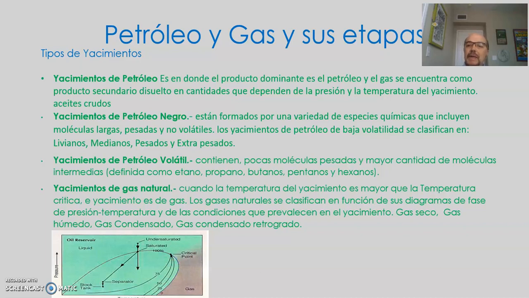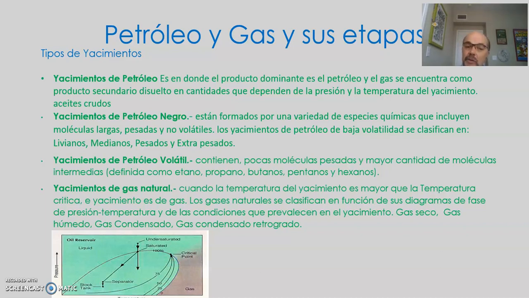The main product is oil, and we have some gas dissolved in the oil. And then we have black oil, which has chains of carbons that are kind of heavy and long, and the classification is light oil, medium oil, heavy, and extra heavy oil.